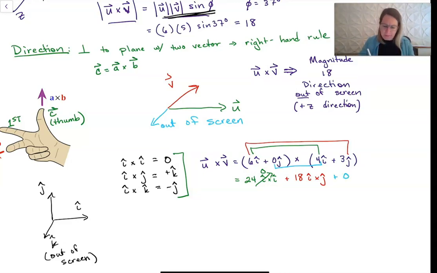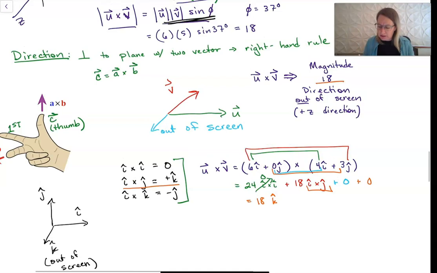And then last, that's still a 0. Okay, so the only term I have to worry about is this one. I cross J, I look at my table, that's a K. This gives me 18 K hat, which is exactly what I got up here. Magnitude of 18 in the Z hat direction. I could write U cross V is equal to 18 in the z direction or k hat direction.